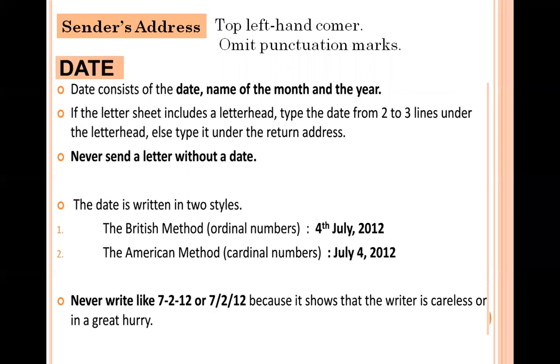If you need to separate two things in that address part, then only you will use the punctuation. Like you are writing the house number and then you are mentioning the street number, then you can use a comma to separate these two pieces of information. Otherwise, you will not use punctuation marks when you are following the block format.